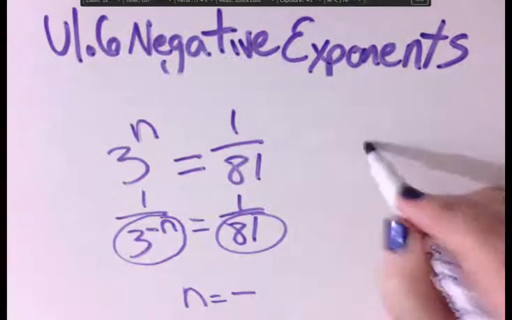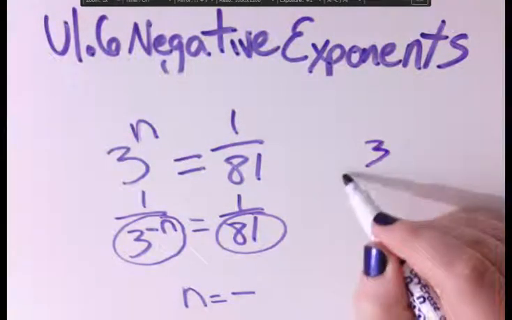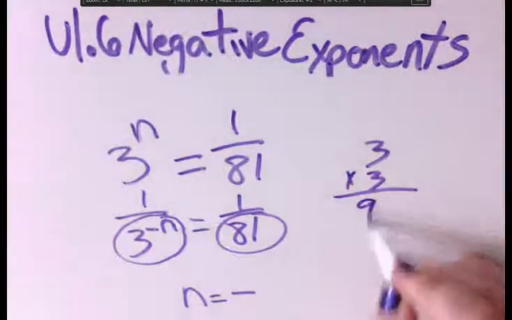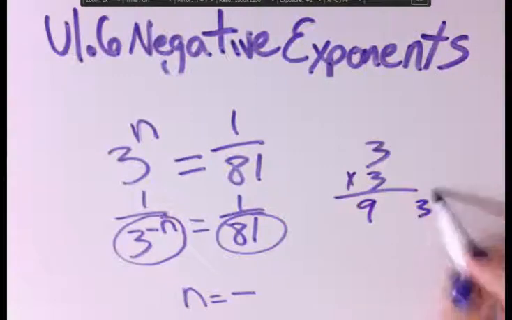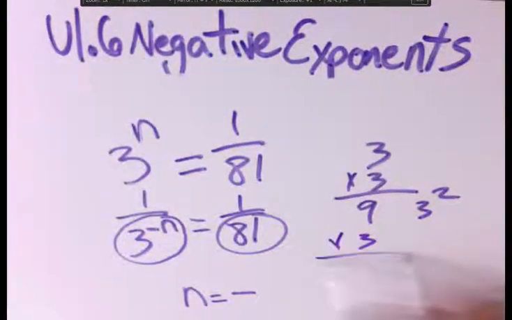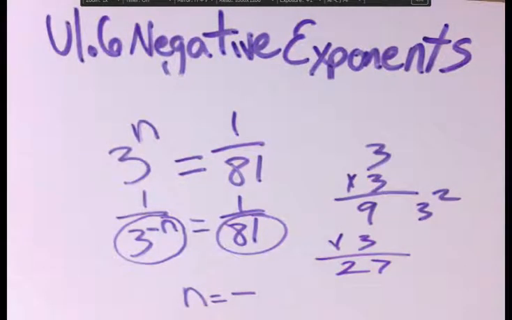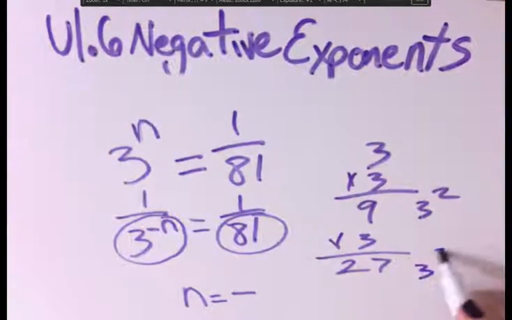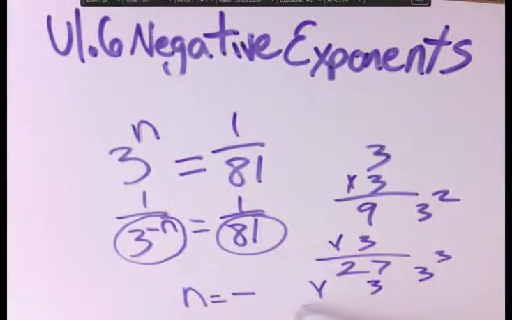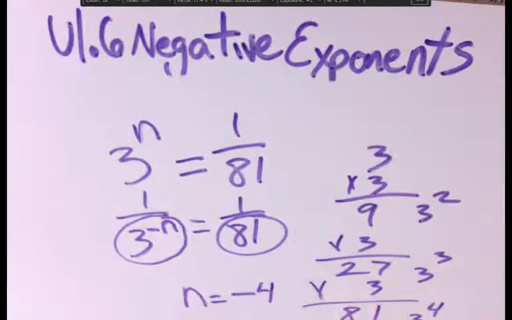So if I go 3 times 3, that's going to give me 9, and that's like 3 squared. If I times that again by 3, that's going to give me 27, and that's like 3 cubed. And if I times by 3 again, I get 81, and that's 3 to the 4th. So here n must equal negative 4.